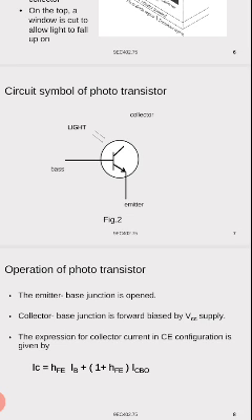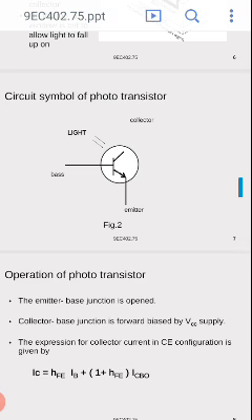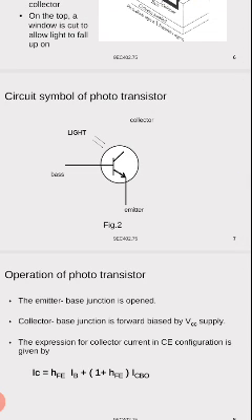And the base input voltage is supplied. Generally for common emitter, we say the collector current IC equals beta into IB. That operation we discussed for the normal BJT.